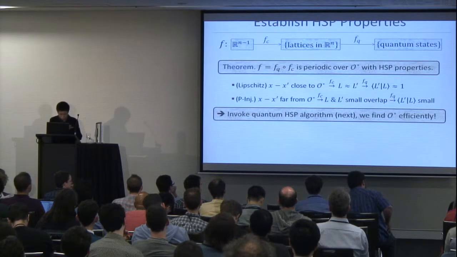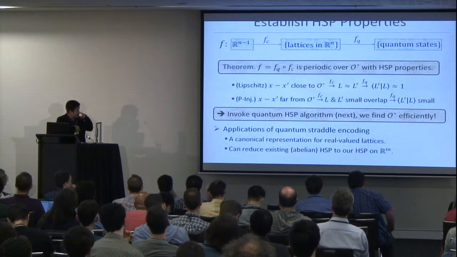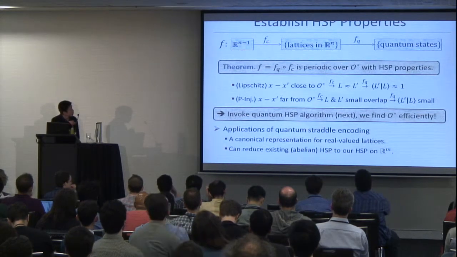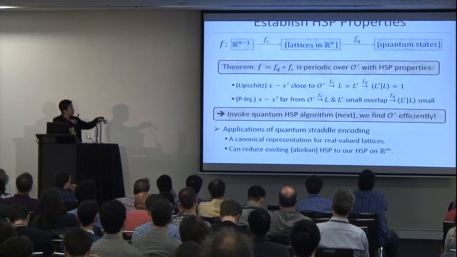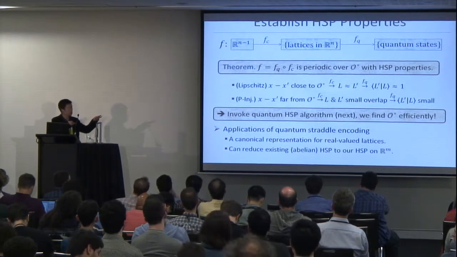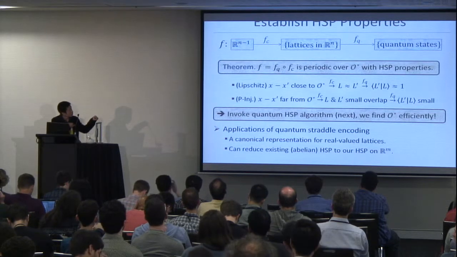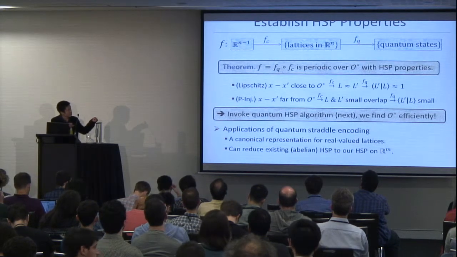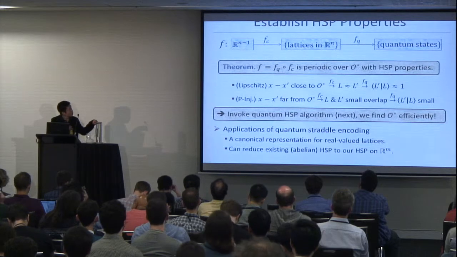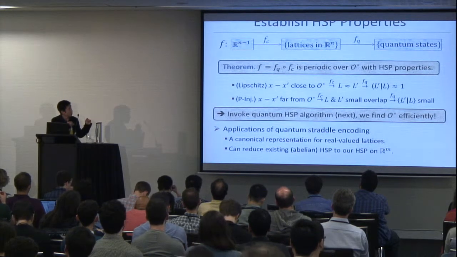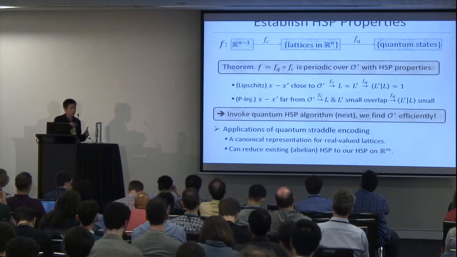But before doing that, I want to make a final remark. This function FC may be very specific to the structure of the number field, but the quantum encoding function FQ, and in particular the Strano encoding for real-valued vectors, could be of independent interest.